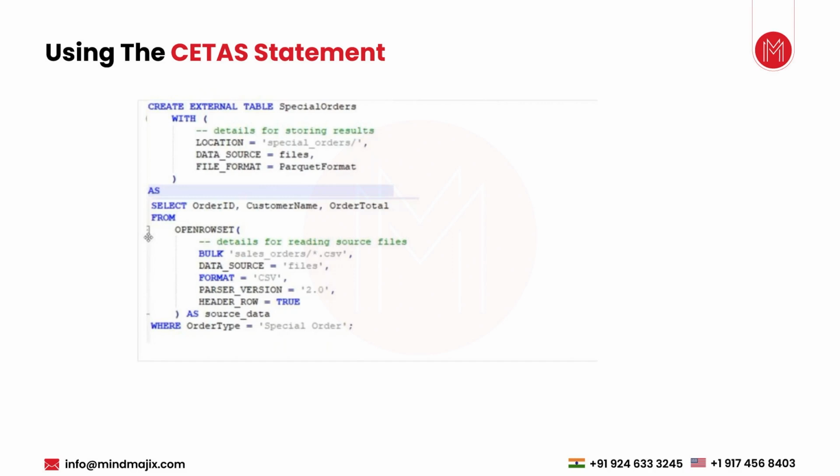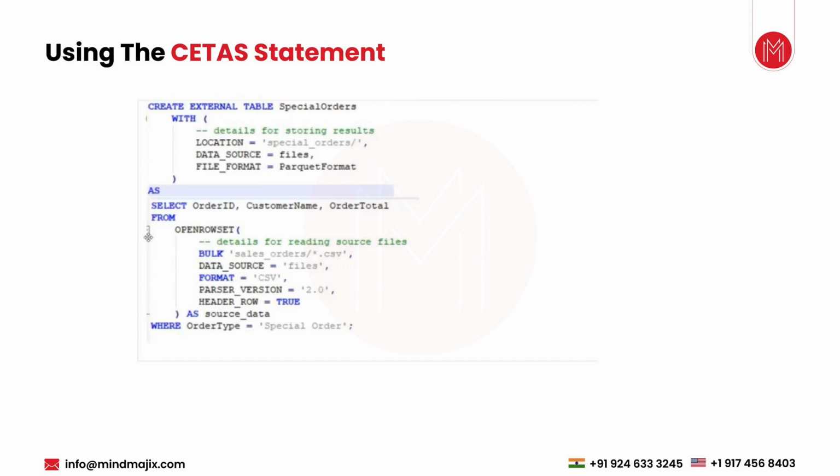So under special orders, you will see a file called special orders. I mean, there is an underscore. This is the local folder name, and this is the table name or the file name. We will see that when we do the exercise. The data source is the same, and the saved format is Parquet, what we created earlier.